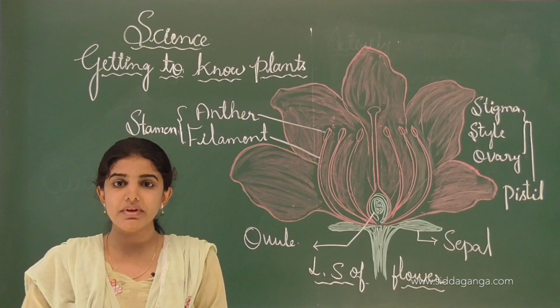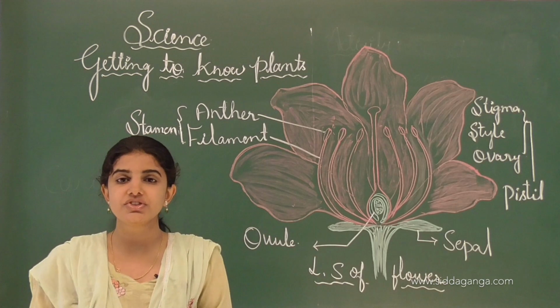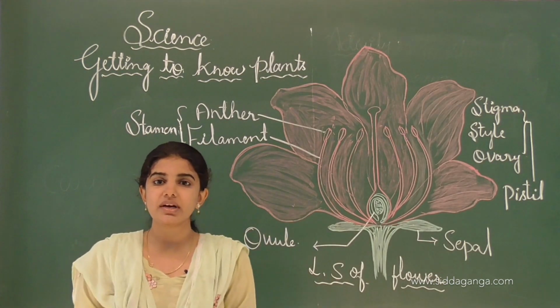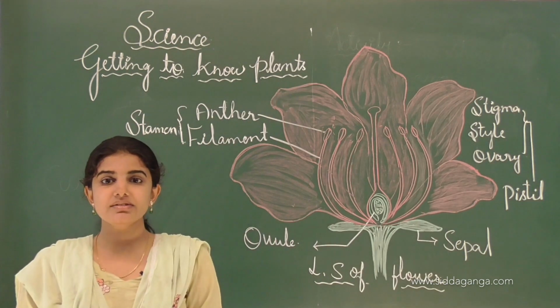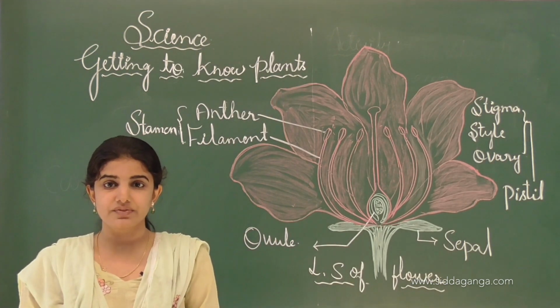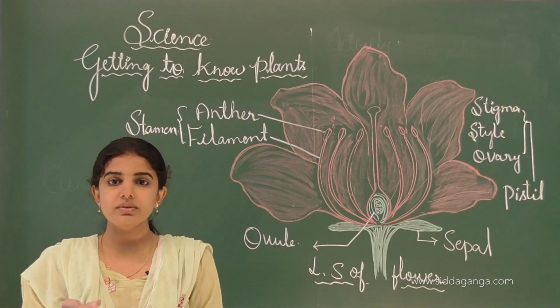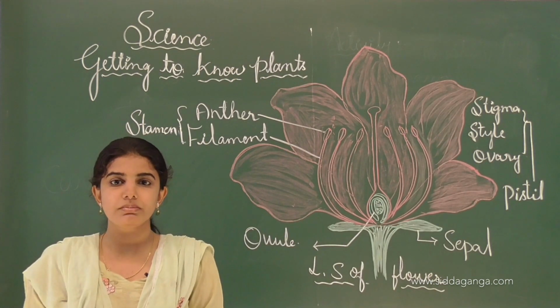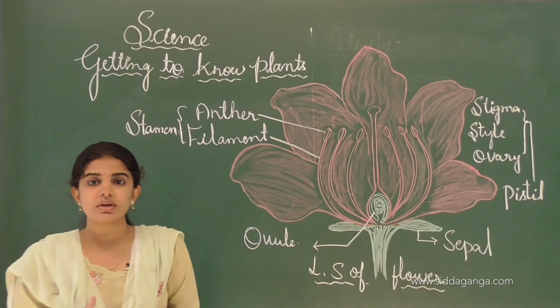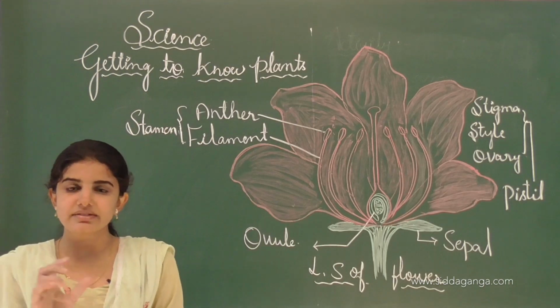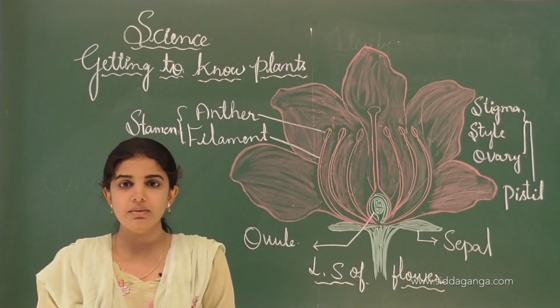The veins are thick at the middle position, and that's why it is called the midrib. The lamina is the broad green structure present on the leaf, and at the tip of the leaf the apex is present. The petiole is the stalk of the leaf, where the leaf is attached to the stem.